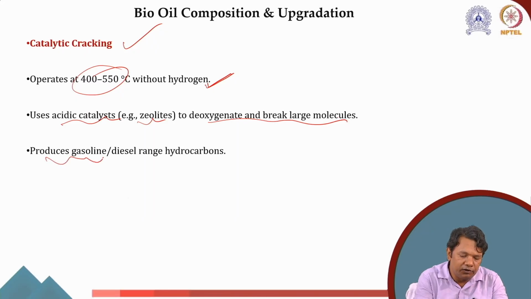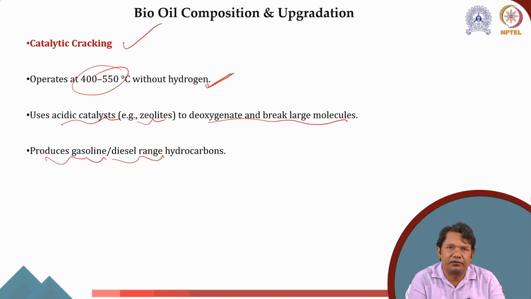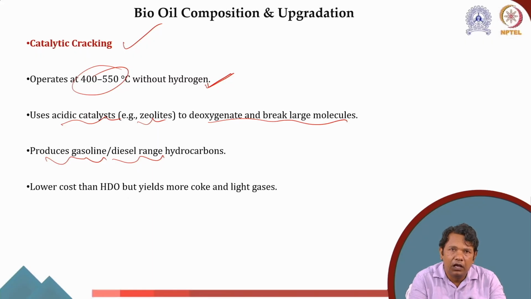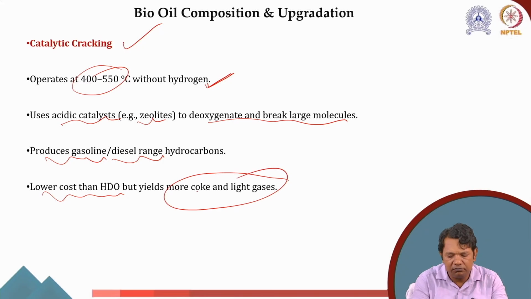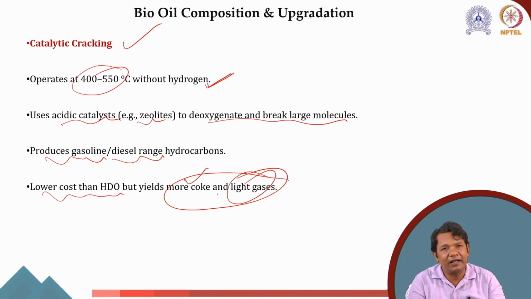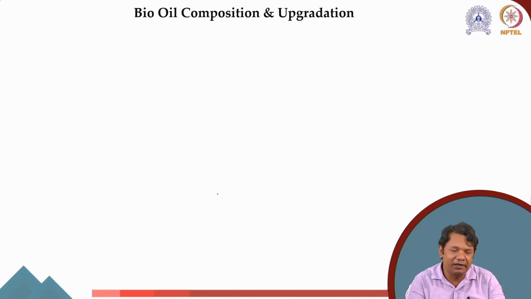As a result, it produces gasoline, diesel and hydrocarbons. It has lower cost than hydrodeoxygenation but yields more coke and lighter gases because cracking is happening. That leads to more coking and light gas production, so the liquid yield will definitely decrease when the vapors are cracked further.